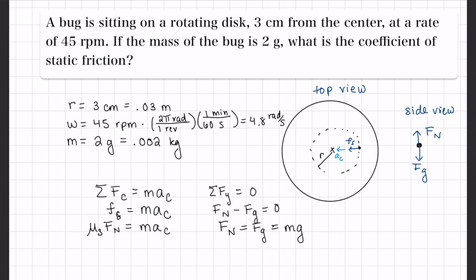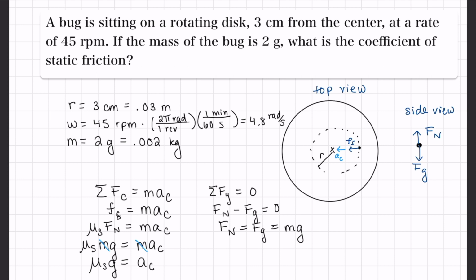So we can go ahead and make that substitution. Mu s times mg equals m ac. We can cancel out an m from both sides, but after we do that, we've reached the end of the road of what we could do with this equation by itself.